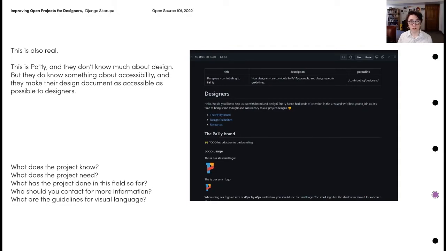So what does the project know? Well, they haven't had loads of attention in this area, but they want help with brand and design. They want to bring thought and consistency to their overall project designs. And to do so, they've given us access to both their standard logo and a smaller logo. They've introduced guidelines as to how we are to use those logos.